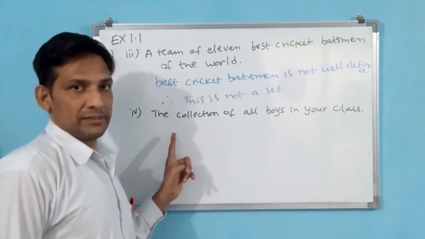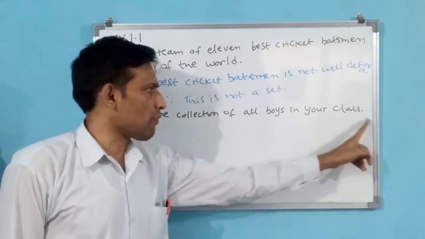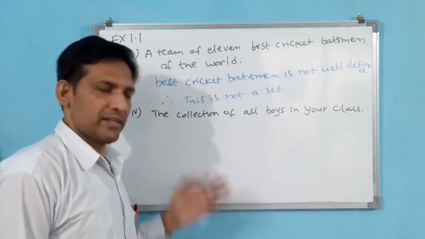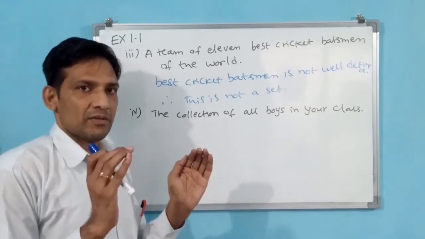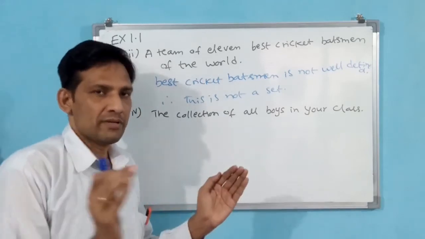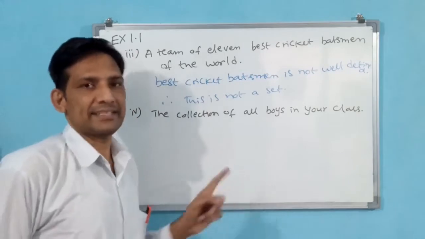See fourth question, fourth part in question number 1. The collection of all boys in your class. Is this a set? Definitely this is a set. Why? Because clearly they have mentioned boys should be made one set and those boys also should belong to your class.